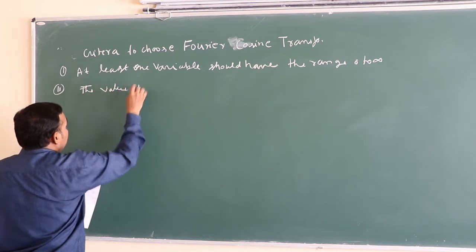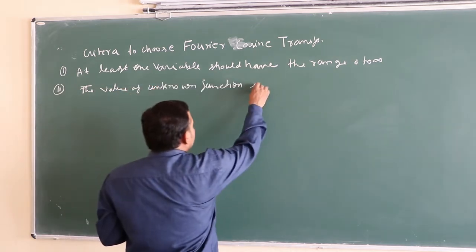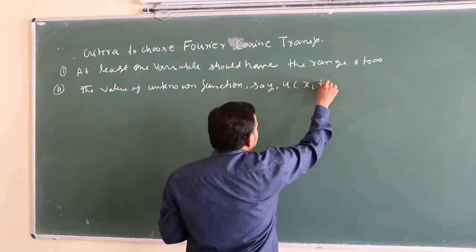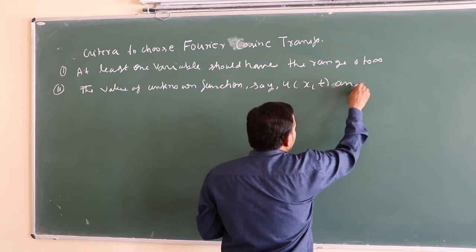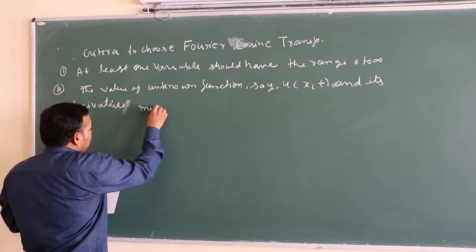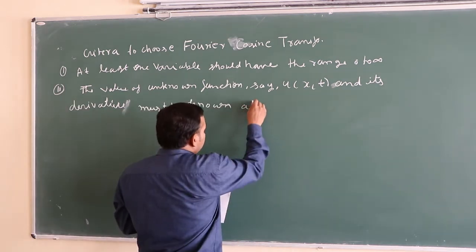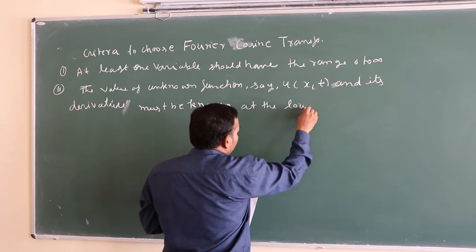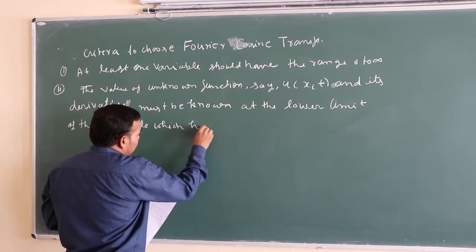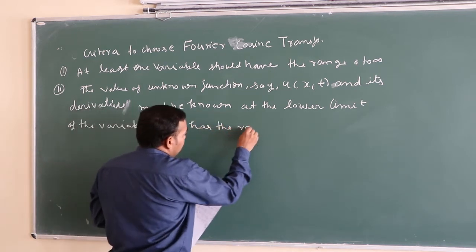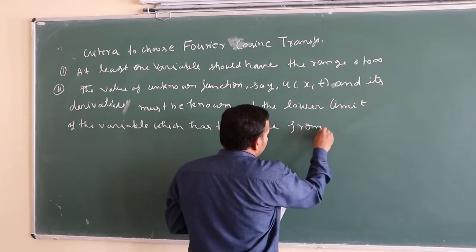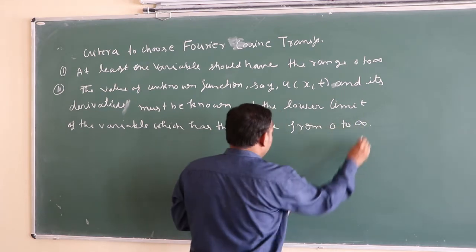Second is that the value of the unknown function, say u(x,t), and its derivative must be known at the lower limit, which has the range from 0 to infinity.